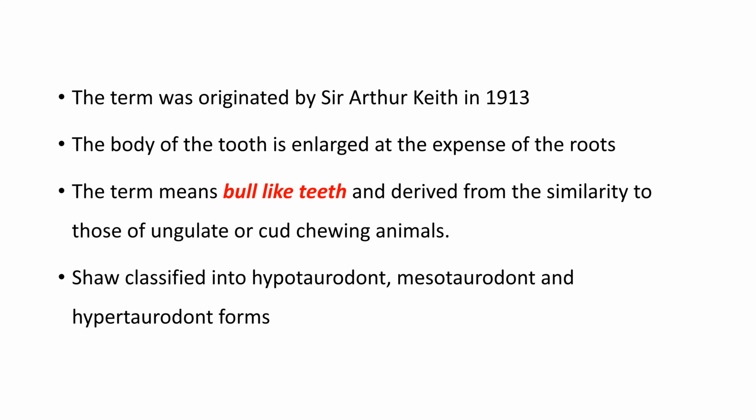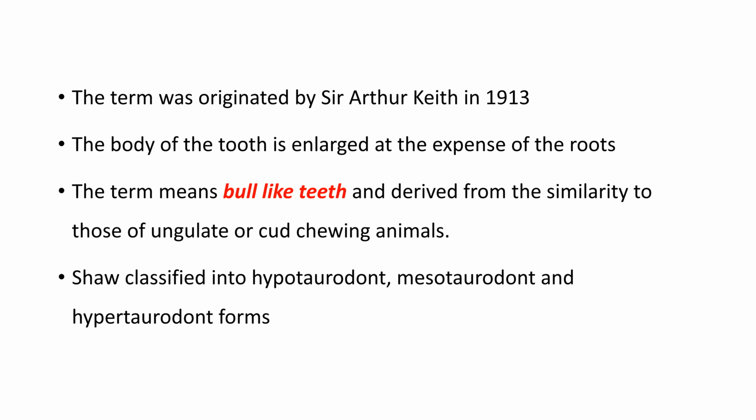The term taurodontism was originated by Sir Arthur Keith in 1913 to describe a peculiar dental anomaly in which the body of the tooth is enlarged at the expense of the roots.